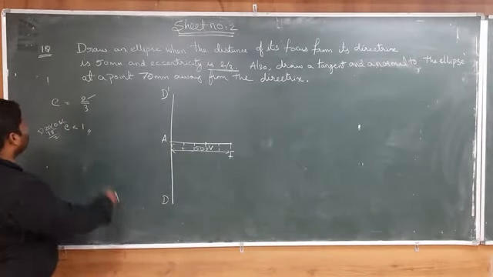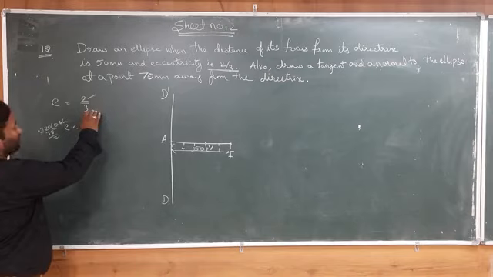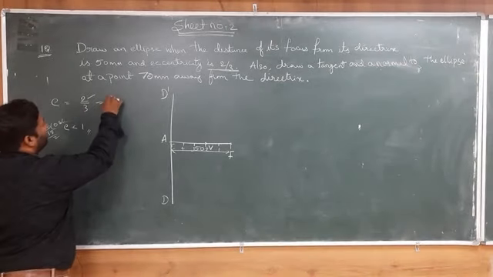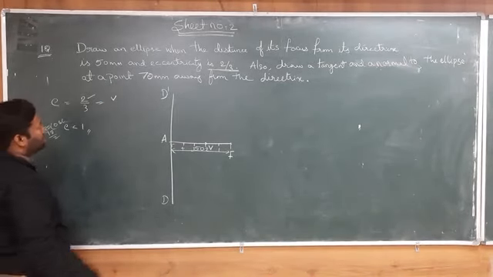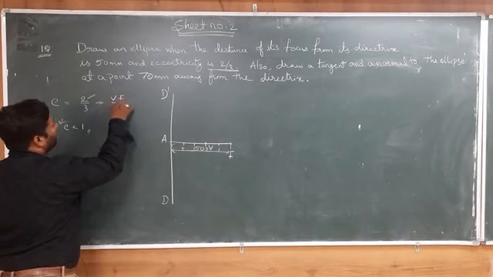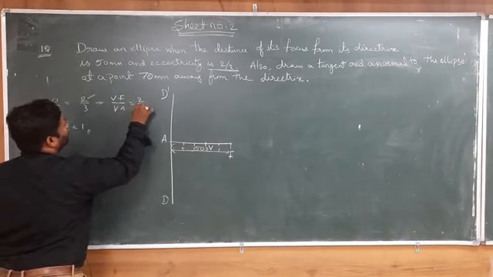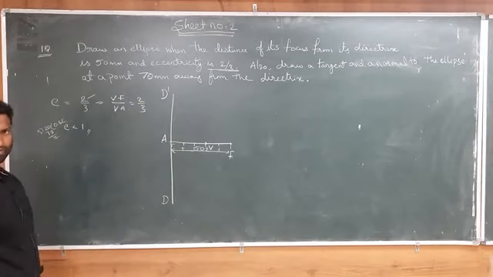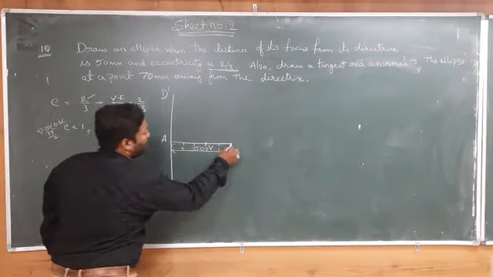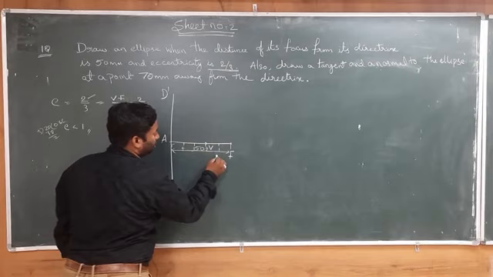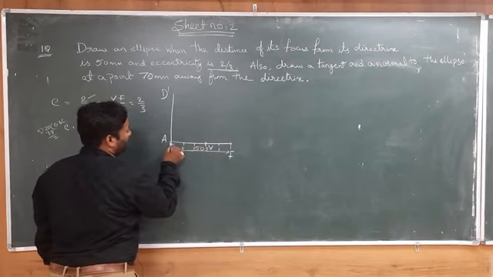Now as we know that eccentricity is equal to 2 by 3, we have taken the point V as 2, that is VF by VA is equal to 2 by 3. So from F to V we have 2 units, and from V to A we have 3 units.